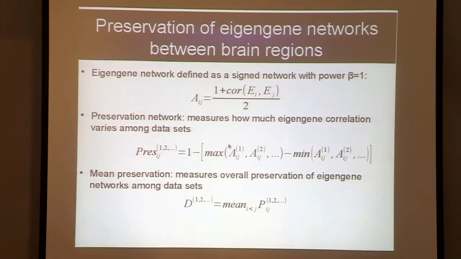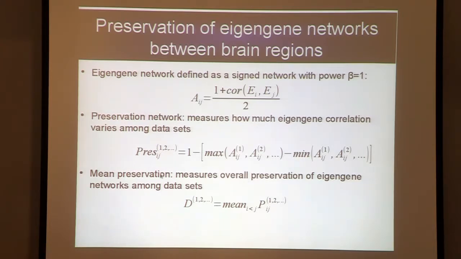And so if you have 4 input networks, for each component you would take the maximum of that component across the 4 networks and subtract the minimum. That is high if the correlation varies a lot. But for a preservation, we want the opposite. We want to be high when the correlation varies only a little, so we subtract it from 1. That way, the preservation is high if the maximum and minimum are the same, basically.